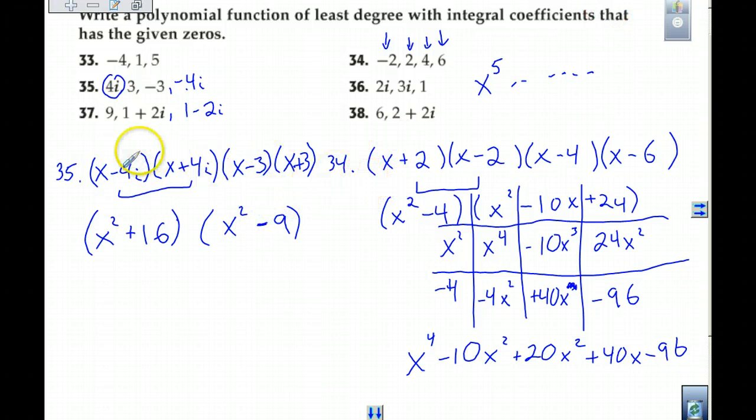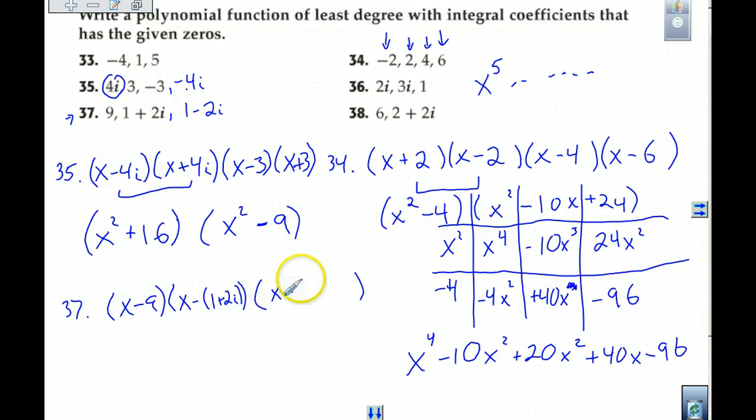Okay. The conjugates are a little bit different. Just to set up for 37, we have x minus 9. And then, remember I said it's going to look a little weird, x minus 1 plus 2i, and x minus 1 minus 2i.